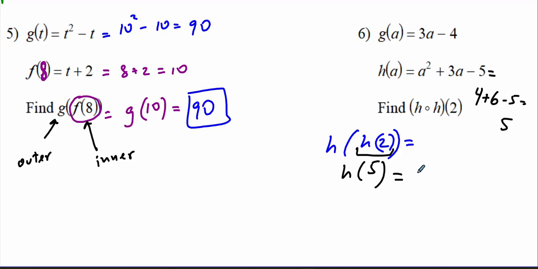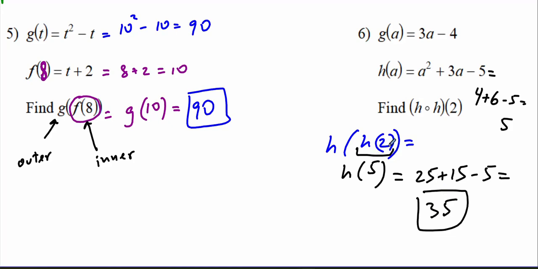So this becomes 5 squared, which is 25, plus 15, so 3 times 5, and minus 5 overall. So 25 plus 15 is 40, minus 5 is 35. So 35 is my final result.